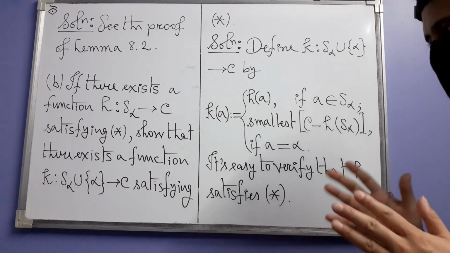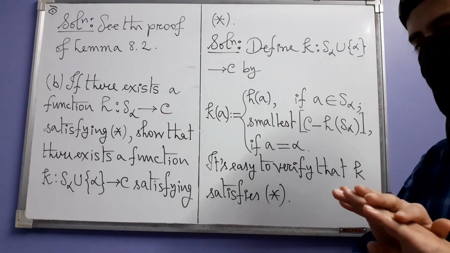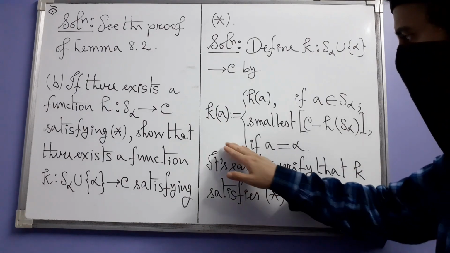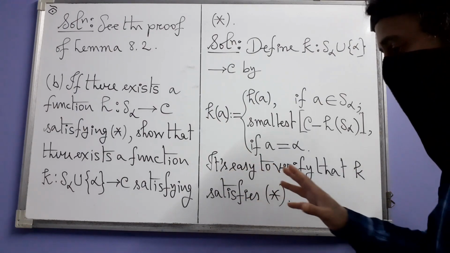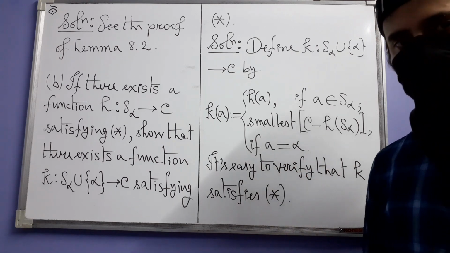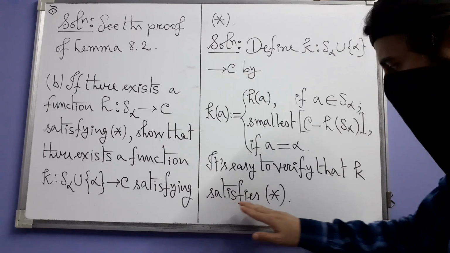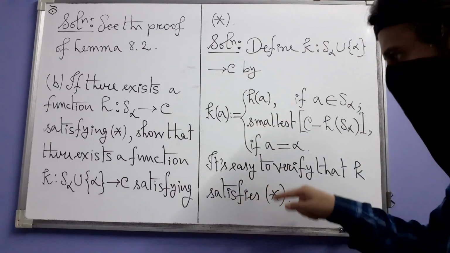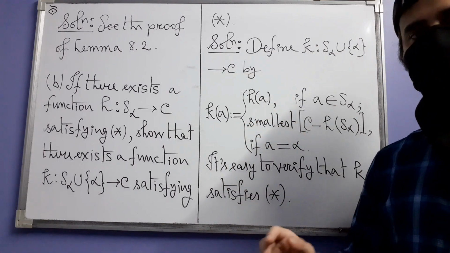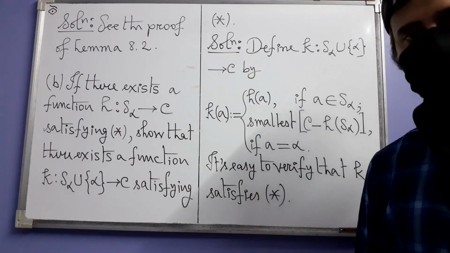So that way you will see quite quickly that it's really not that difficult of a task. So please do this part. You verify that this K also satisfies star. So that means we have part B.